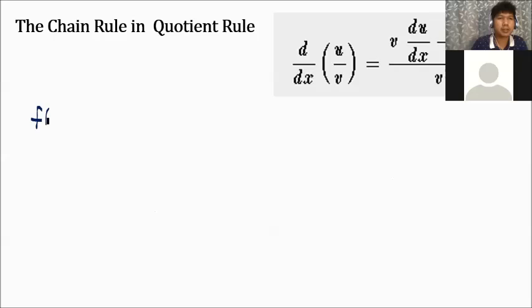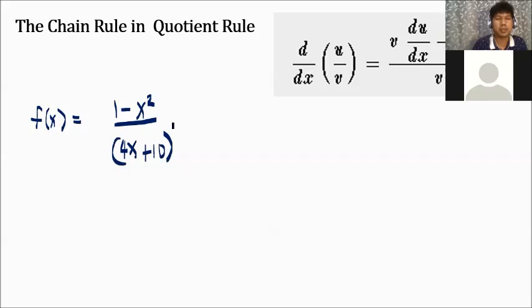F of x is equal to 1 minus x squared over 4x plus 10. Then let us give this an exponent of 3. Okay.